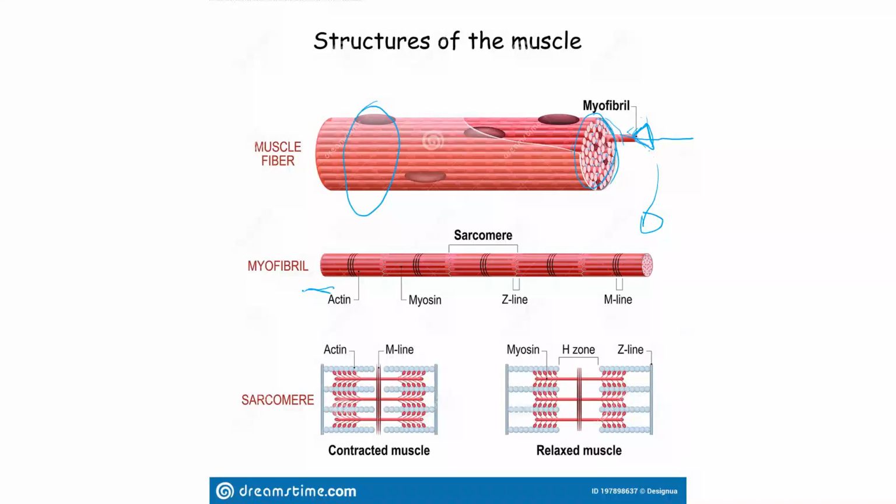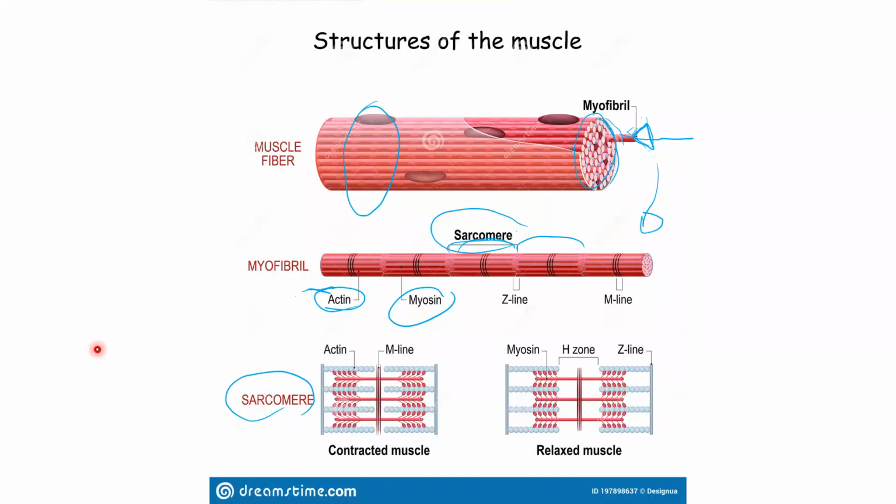They are very well organized and have the contractile proteins, which are actin and myosin. They have recurring units which are called sarcomeres. So these recurring units, the sarcomeres, are arranged like this.